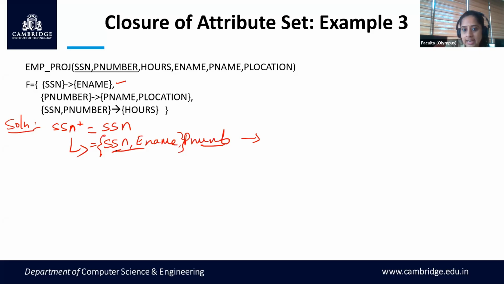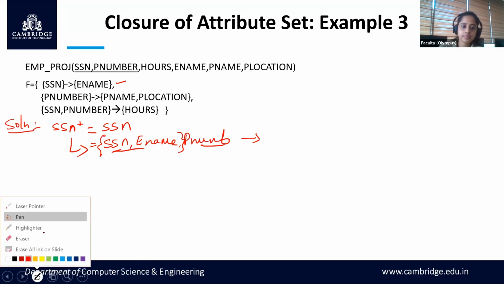But I have only a single attribute here, SSN. How will I derive hours? Ma'am, SSN and P number together derive hours, so we can't consider it separately for SSN. Okay. A single attribute will not uniquely determine hours. Only a combination of the attributes uniquely determines it. If you have both attributes here, then you can uniquely determine hours, but not with a single attribute. Okay, ma'am. Thank you.